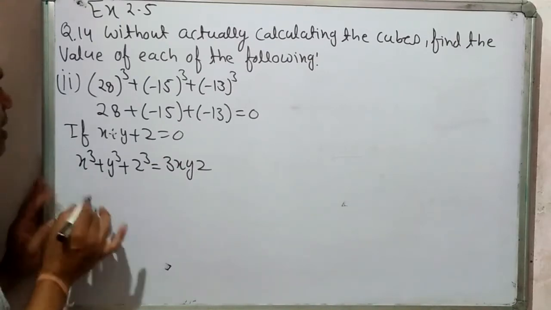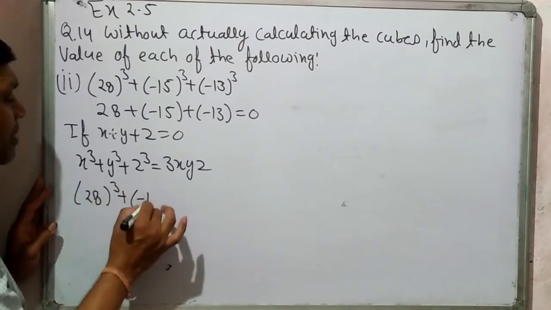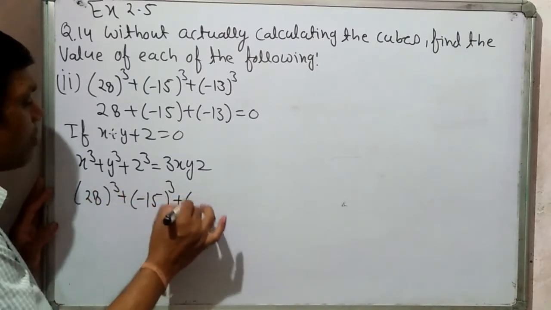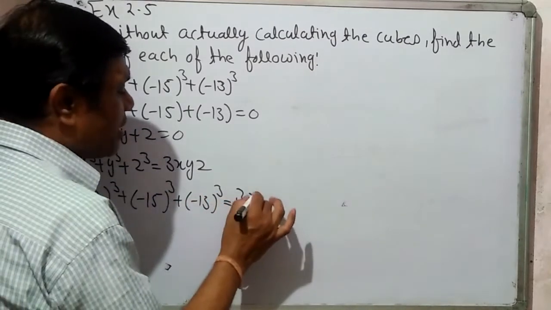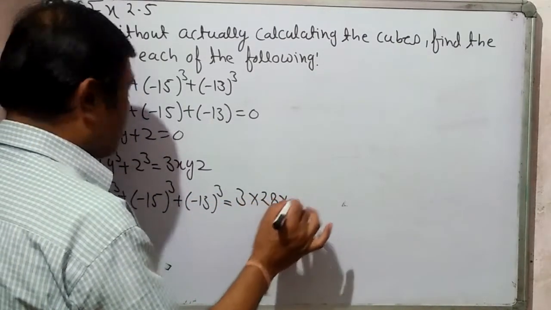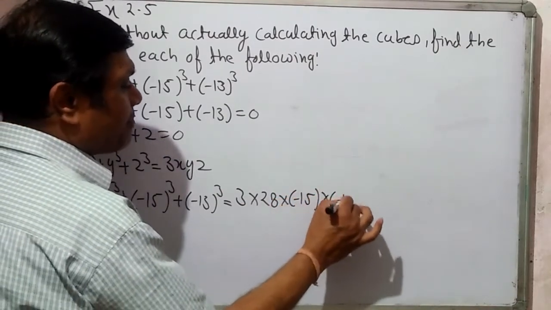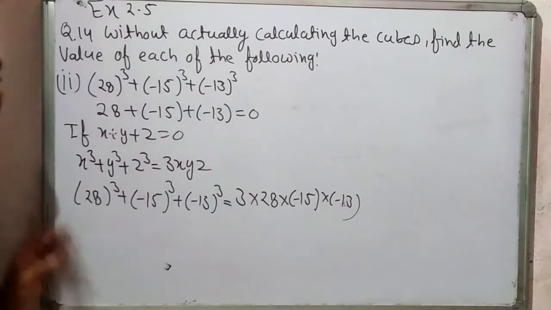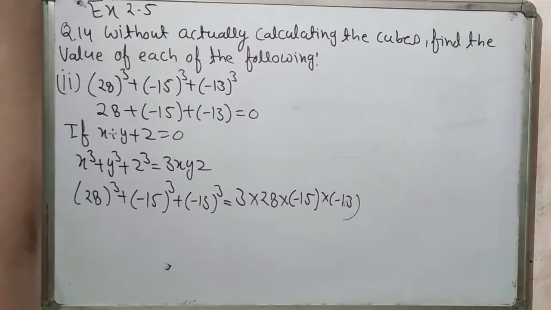Put the values. What is x? 28 cube. What is y? Negative 15 cube. What is z? Negative 13 cube. That should give us 3 multiplied by 28 multiplied by minus 15 multiplied by minus 13. This multiplication will give us the answer. Let us multiply it.